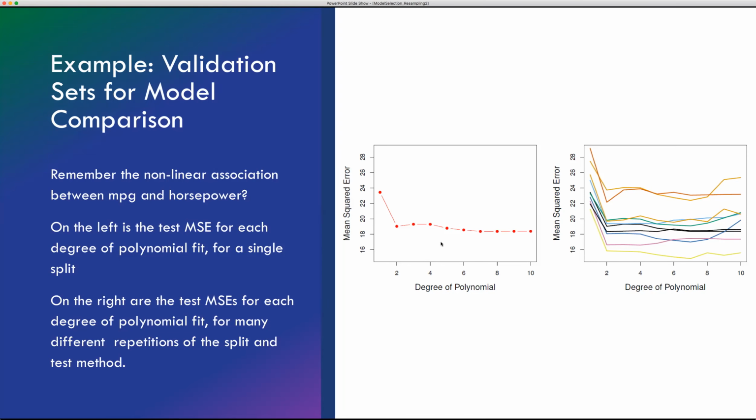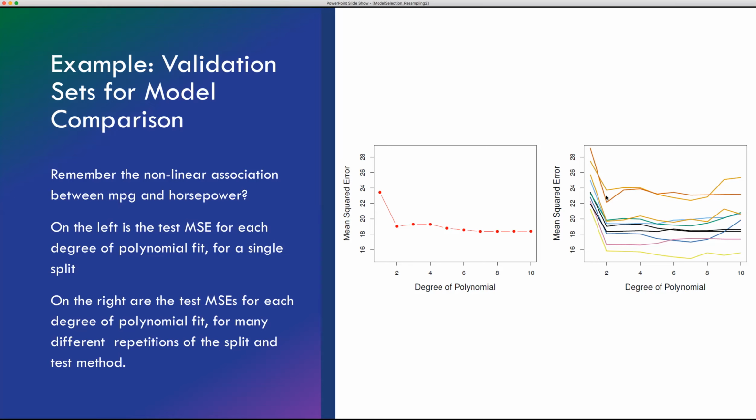This plot tells you, for each degree of polynomial fit, the result for a single split. For example, we split the data into testing and training. So this is for one single split. On the right-hand side, you can tell there are so many lines, and each line is for one split.